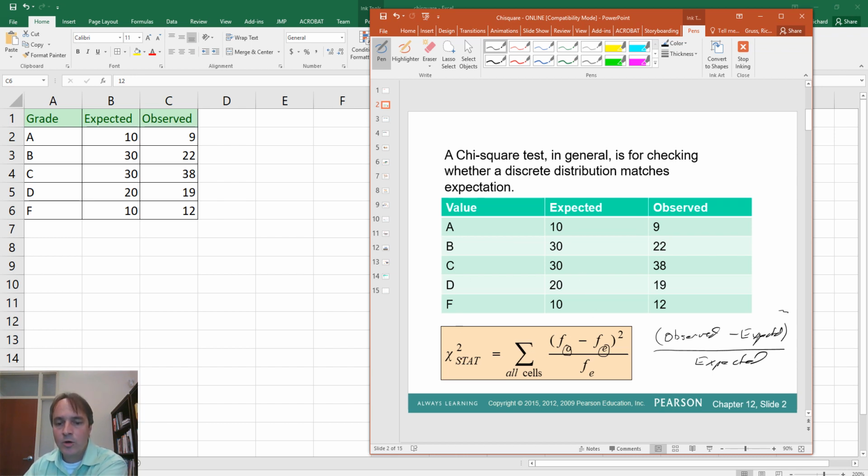Okay, and we're going to get a number that follows a chi-square distribution. I'll go into more detail about what this is in a minute when we try to find out the p-value associated with a particular chi-square statistic. But for now, let's just go ahead and compute this and see if this distribution is significantly different.